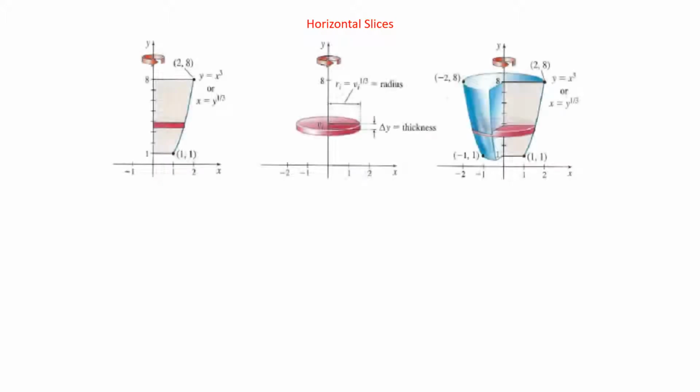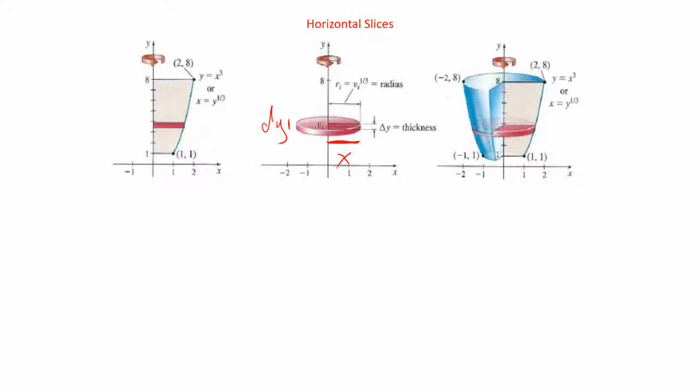What about horizontal slices? Horizontal slices we're going to revolve around the y-axis or any vertical axis, but today it's specifically the y-axis. When we do that, the radius is now x, and the height is now dy.